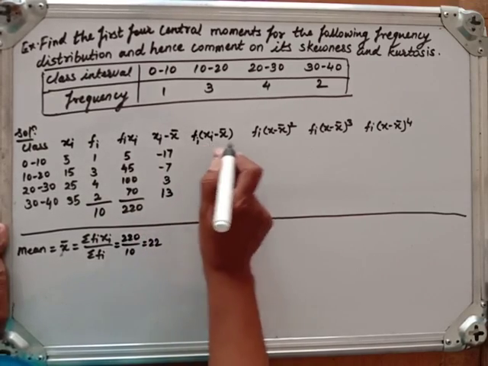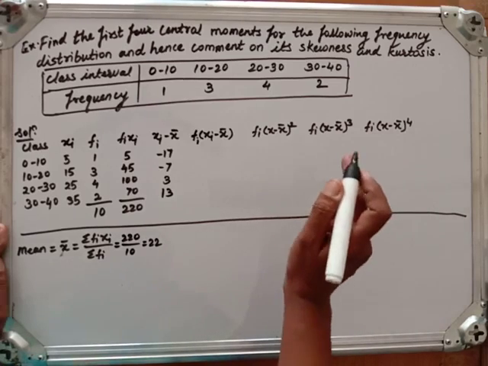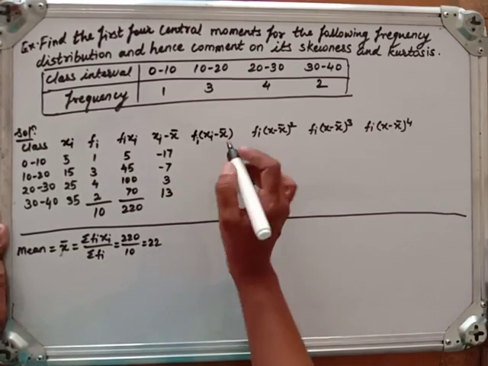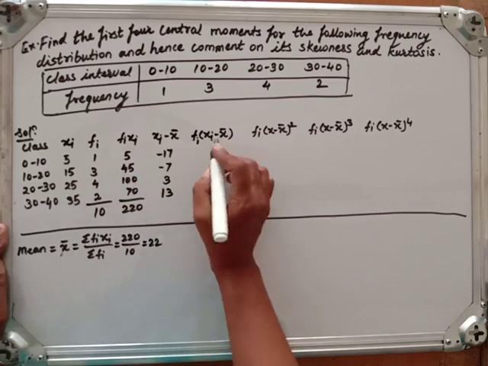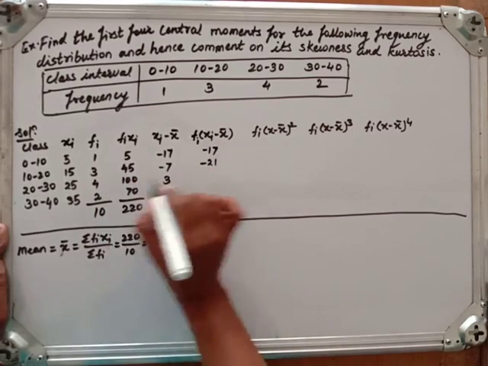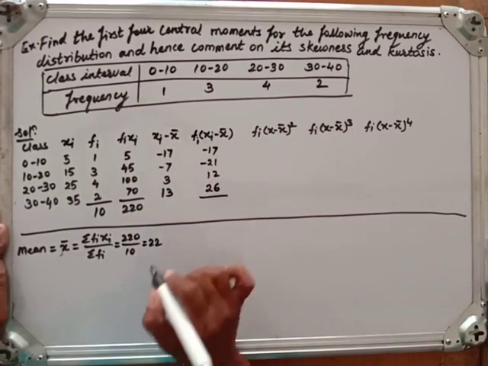Now from here onwards we need the terms for finding central moments, so no need to do the total of this one. So fi into this, the product of these. It will be minus 17, minus 21, 12 and 26. Here we need the total.